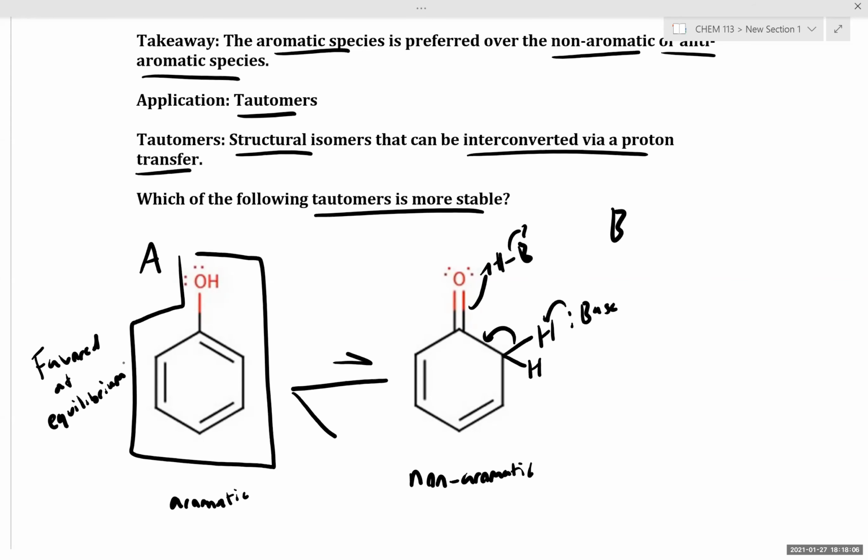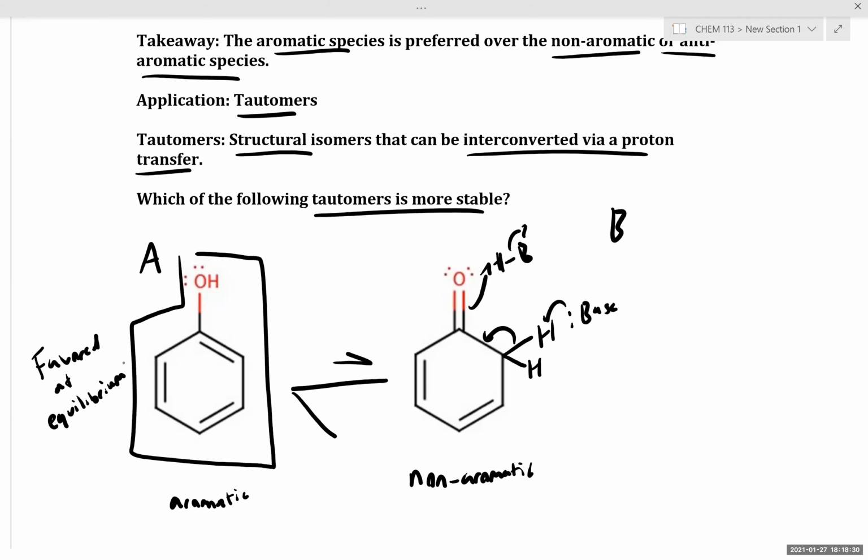Le Chatelier is related to equilibrium and what happens when you perturb an equilibrium. Here we establish that the tautomers are often in equilibrium with each other in solution, and in this case, the phenol tautomer is preferred over the keto tautomer. Does that make sense? Yes. Perfect.